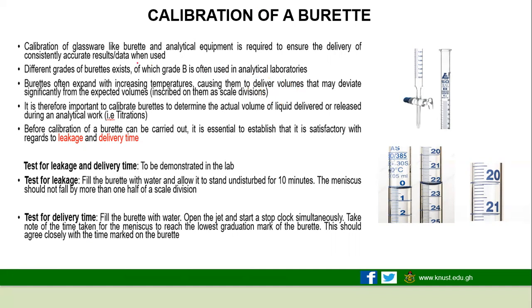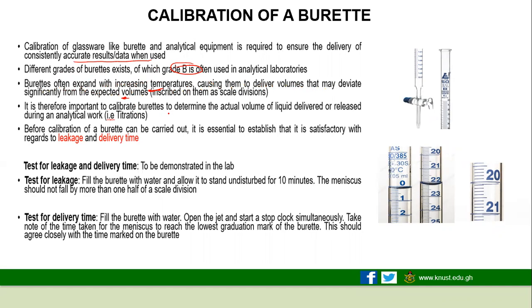Now we are seeing that calibration of glassware like burettes and analytical equipment is required to ensure delivery of consistently accurate results when used. Different grades of burette exist, but we use grade B in the analytical laboratory. Burettes often expand with increasing temperature, causing them to deliver volumes that may deviate significantly from expected.